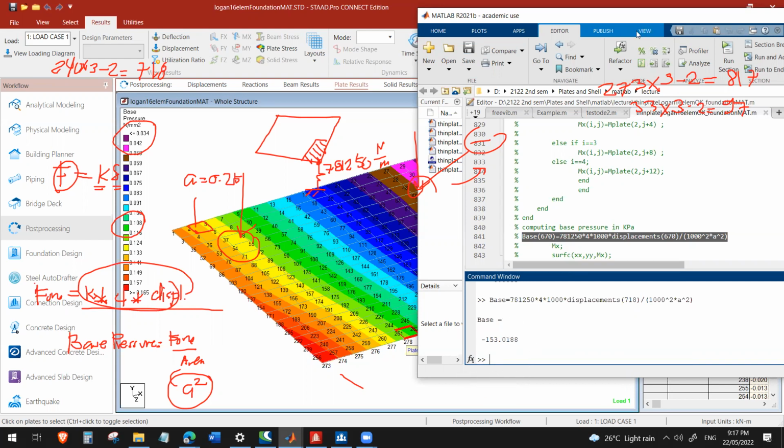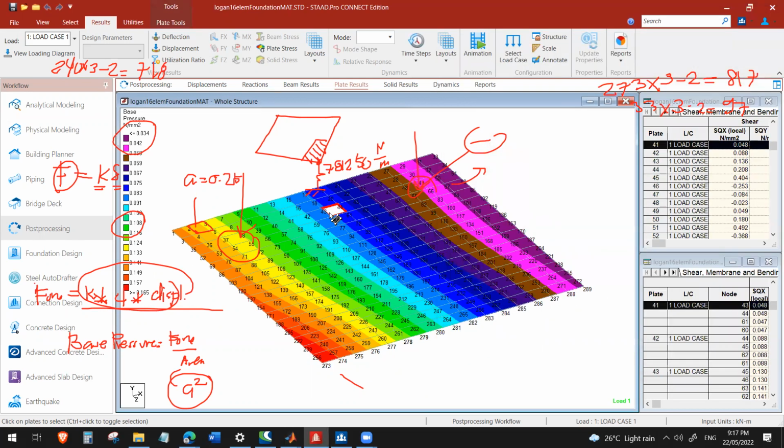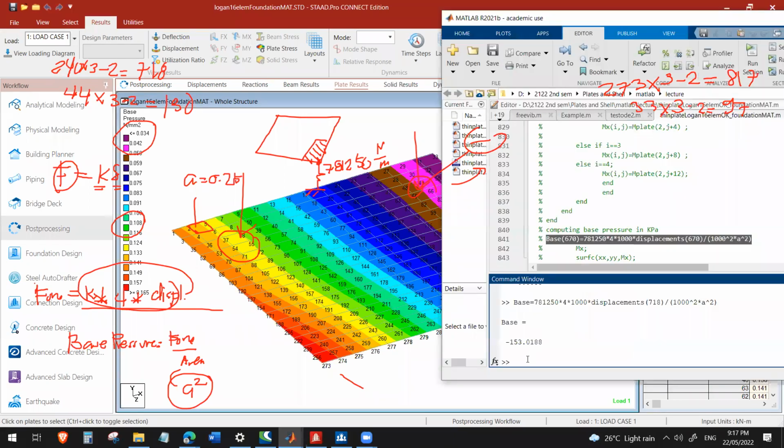Okay. How about say on this blue here? Let's choose node 44, somewhere in the blue. Node 44 times 3 minus 2 is equal to 130. So DOF 130. Okay, so I'll copy this again, paste here, and then I'll call DOF 130.